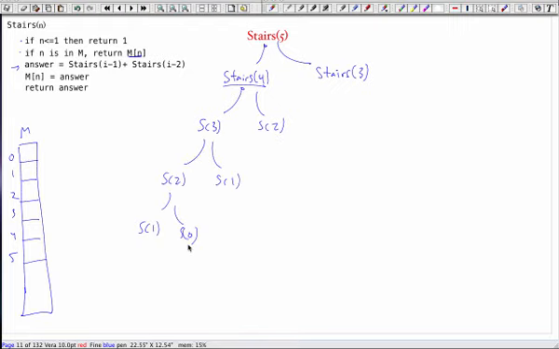Okay. So finally, when this recursive call calls S1 and S0, these will return 1 and 0. And then this line right here, the red line, will set S2 to be 1, and it will return 1 here. This will also return 1 since it's the base case.